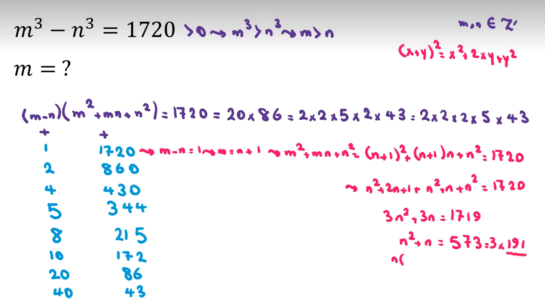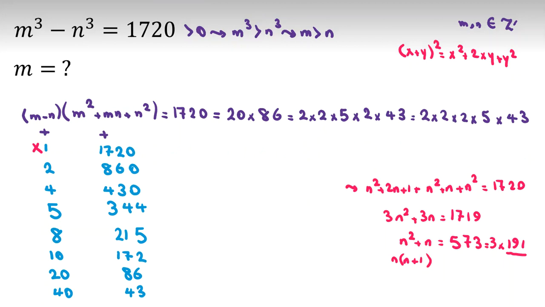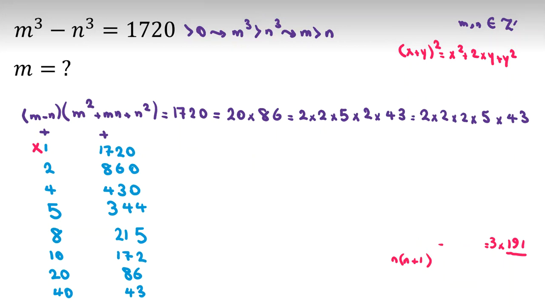And here it is n times n plus 1. So if n is 191, it will be greater. If n plus 1 is 191, it will also be greater. So the first case is impossible. Let's erase the first case. We can check the next cases like this and try to find answers.